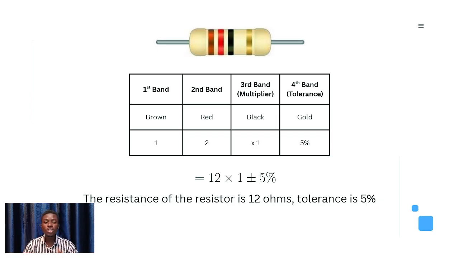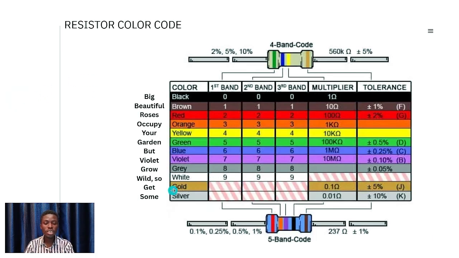So if you measure it with your multimeter and the value still falls between 11.4 and 12.6 for this particular resistor that has this gold band, the resistor is in good shape. You get that? So I just dropped that for you to understand. So the color of the last band determines the tolerance of that resistor. For this one, which is gold, it is plus or minus 5%.